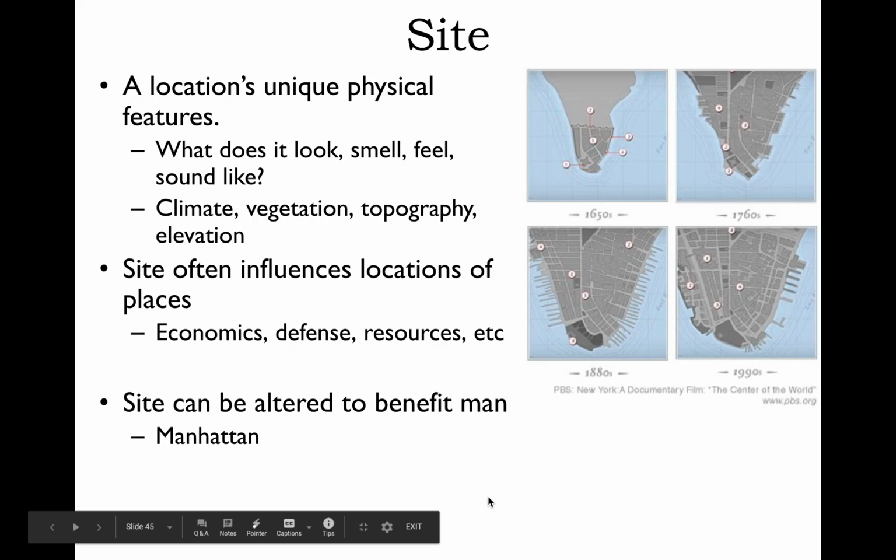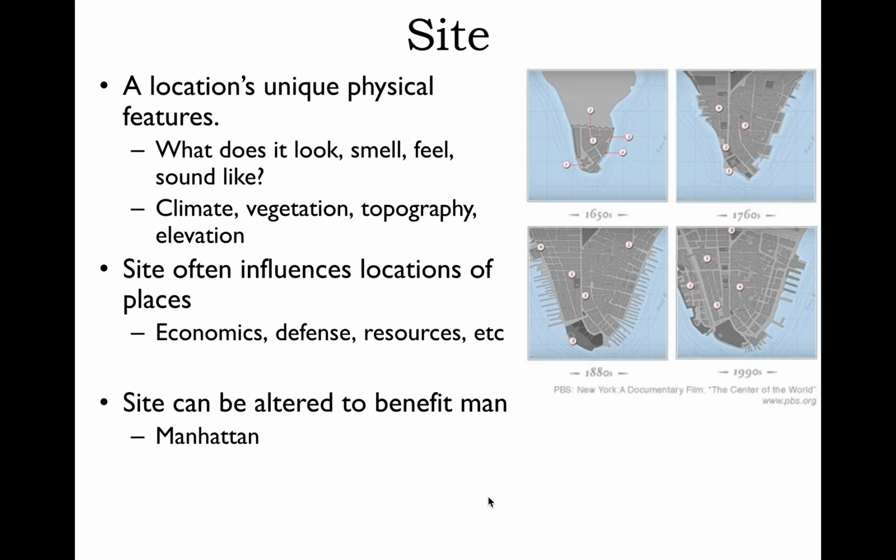A site, as I already mentioned, has unique physical characteristics. Sometimes they're also common physical characteristics that might be seen in other regions of the world, so the uniqueness can be relative. When we talk about common physical characteristics, we're talking about how it appears, how it smells, how it feels.